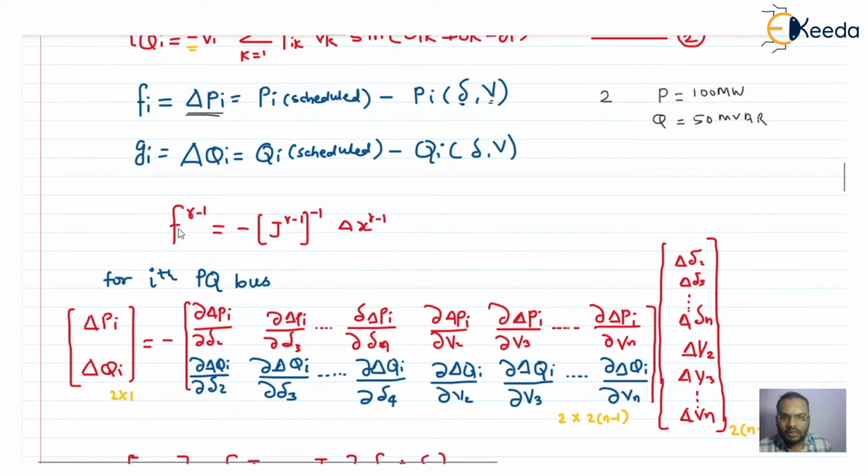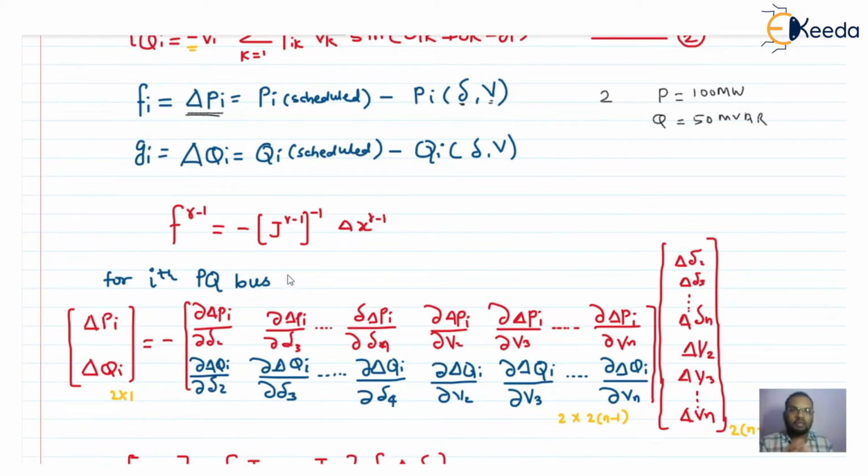The function in the earlier iteration is equal to minus the Jacobian inverse, with the Jacobian evaluated at the (r minus 1)th iteration, or the preceding iteration, times the correction in the variables. The first one is the slack bus, so leave that bus. The next buses, from second to n, are all PQ buses. That is what we assumed in the beginning.